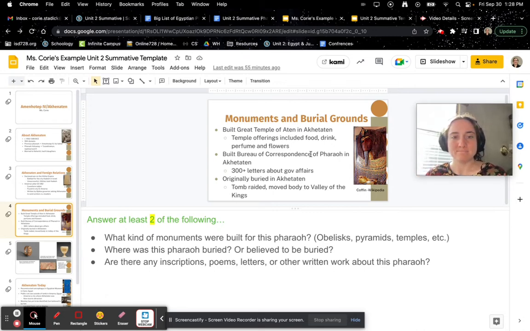He also built the Bureau of Correspondence of Pharaoh in Akhetaten, which had 300 plus letters about government affairs. And then about his burial, he was originally buried in Akhetaten, but his tomb was raided and his body was moved to the Valley of the Kings. And here's a cute little picture of his coffin.